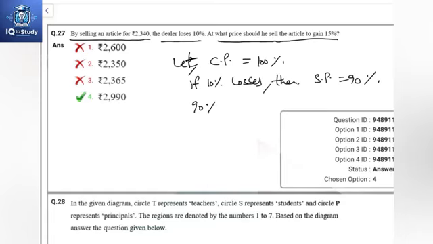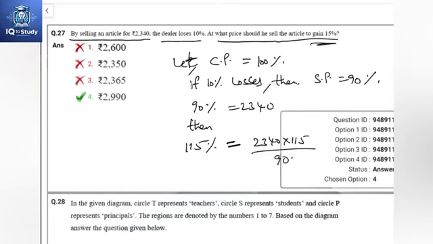According to the question, 90% is equal to 2340. Then 115% is equal to 2340 into 115 divided by 90, which is equal to 2990 rupees. So option 4 is correct.